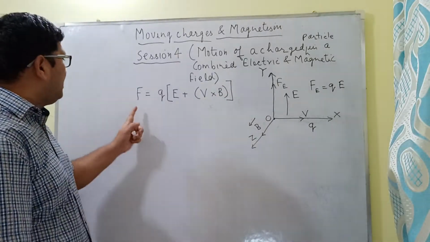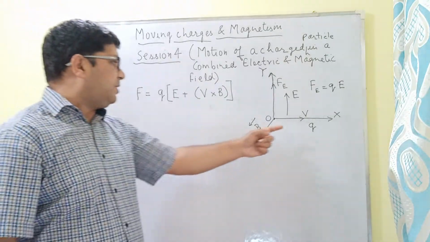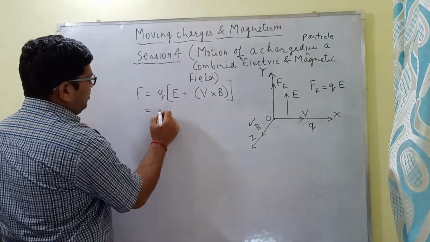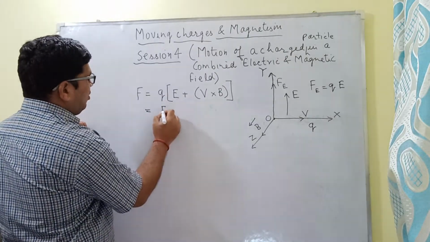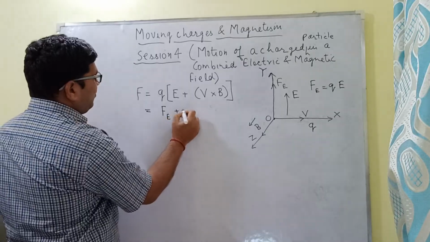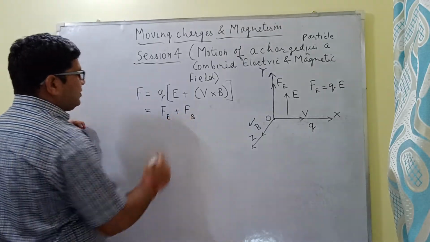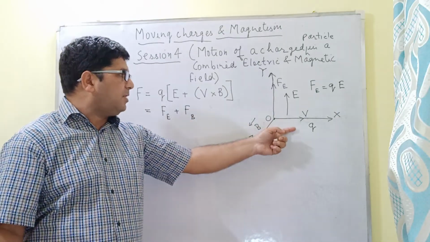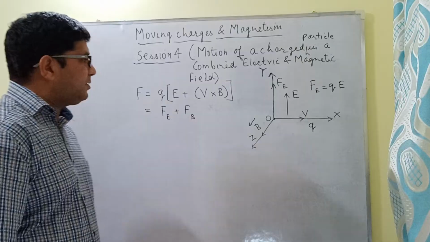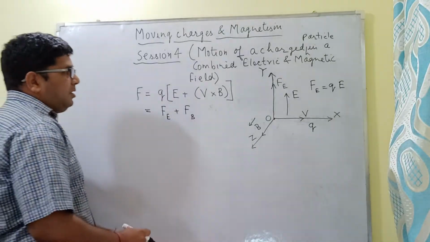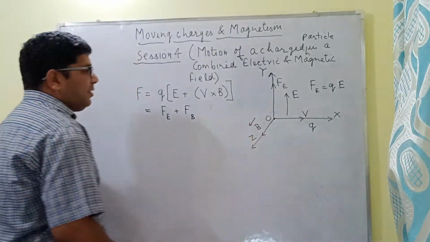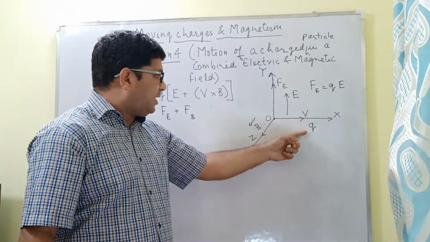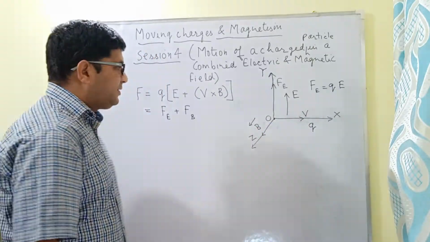This is the Lorentz force, and F is the total force acting on this charged particle, and this is the sum of Fe plus Fb, where Fe is the electrostatic force and Fb is the magnetic force acting on this particle which is moving on the x-axis. So now in this case we will try to find out the net force which is acting on this charge q which is moving along the x-axis.